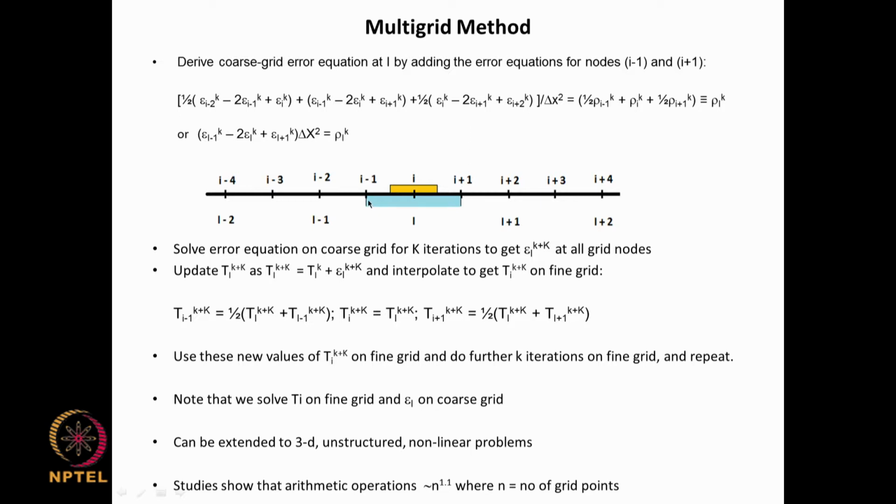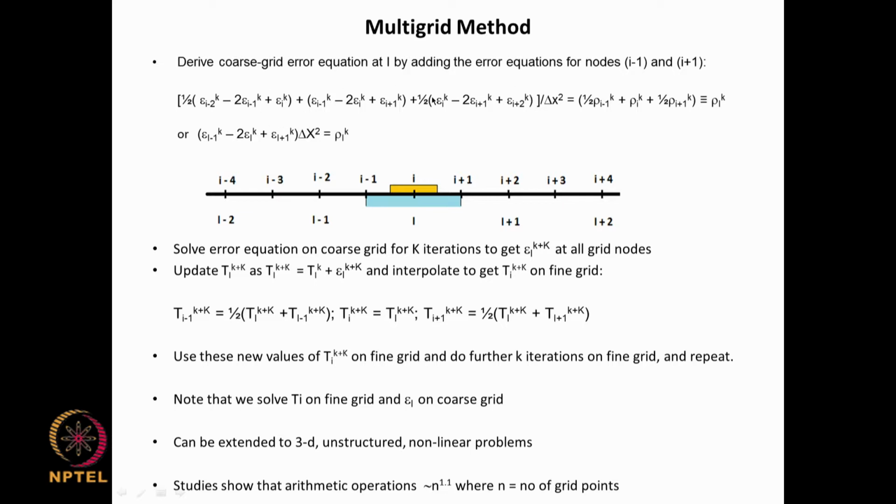So, this total error is composed of the error here plus half of the error here and half of the error there. The whole thing is equal to the error equation written at small i: epsilon_{i-1} minus 2 epsilon_i plus epsilon_{i+1}, plus half of the error equation at i minus 1: epsilon_{i-2}, epsilon_{i-1}, epsilon_i, and half of the error equation at i plus 1: epsilon_i, epsilon_{i+1}, epsilon_{i+2}.